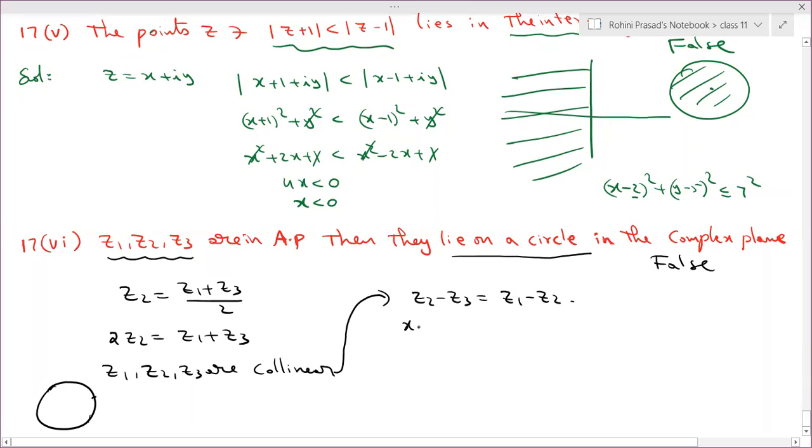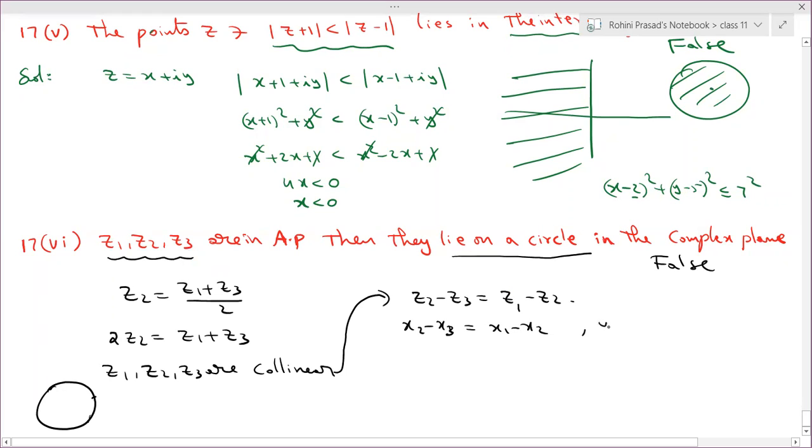If we call z1, z2, z3 as x1 y1, x2 y2, x3 y3, then x2 minus x3 equals, the left-hand side and right-hand side real part, x1 minus x2.